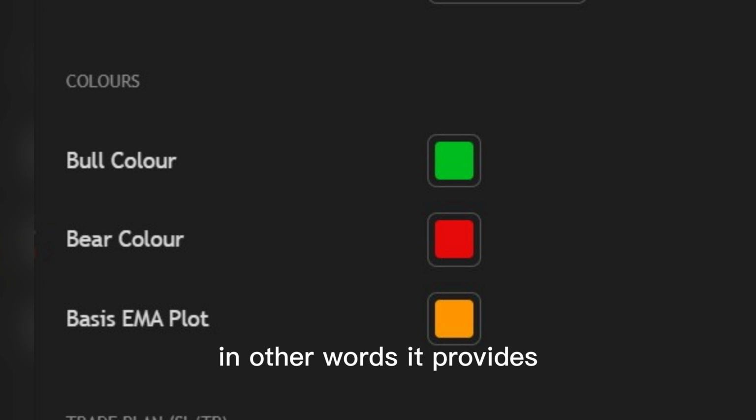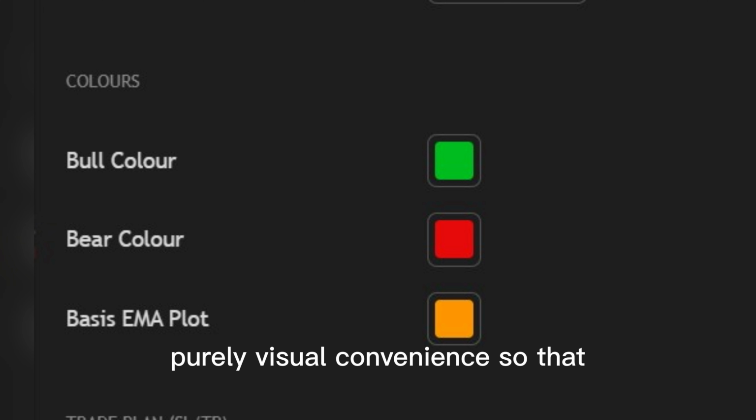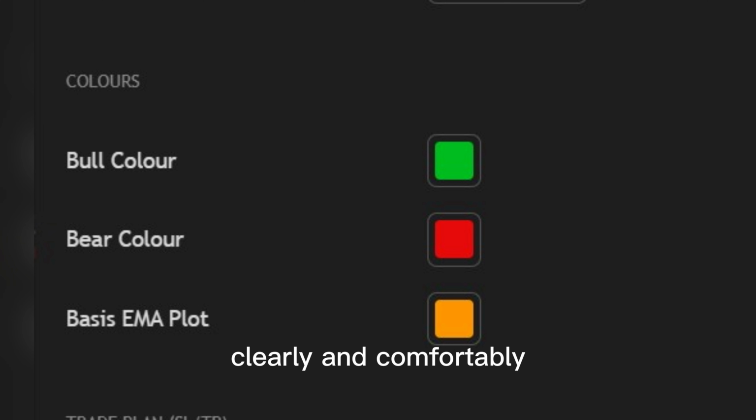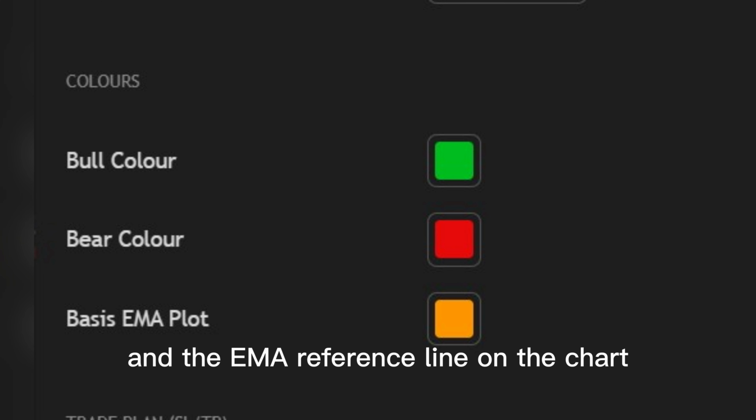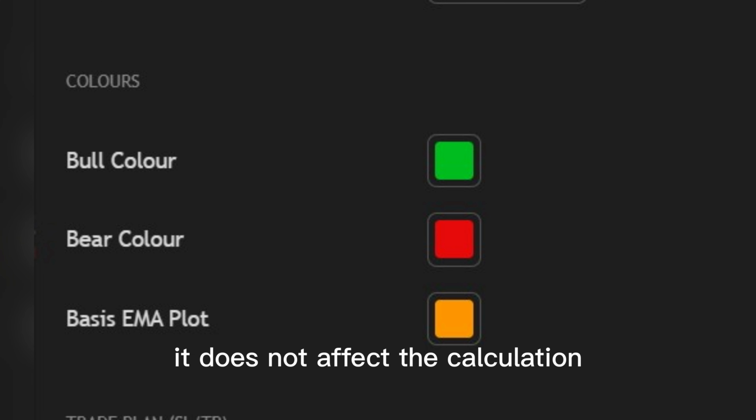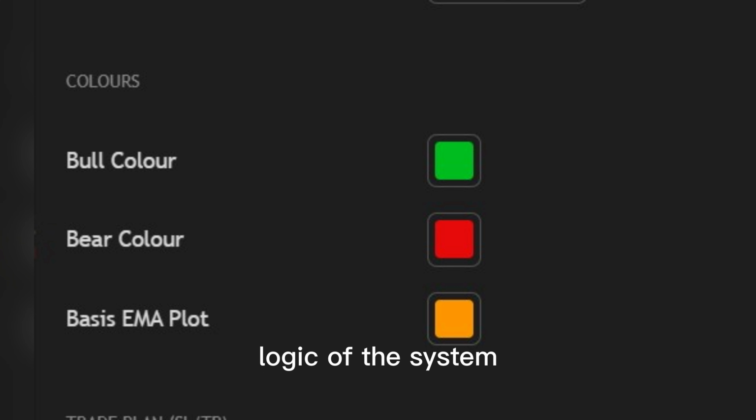In other words, it provides purely visual convenience so that you can more clearly and comfortably distinguish the trend, direction, bearish and bullish modes, and the EMA reference line on the chart. It does not affect the calculation logic of the system, it only improves readability.